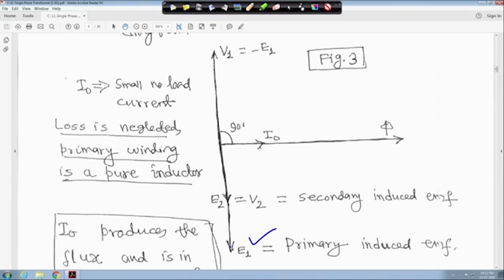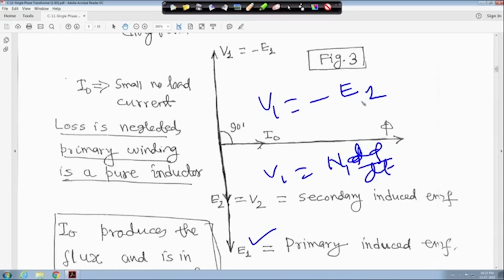Now, the supply voltage, from Lenz's law, as it opposes the change, V1 is equal to minus U1, and U1 is equal to minus n1 d psi by dt.